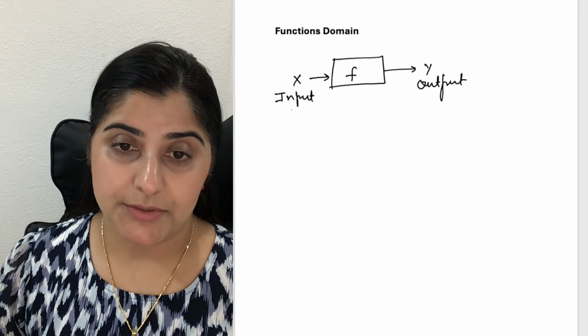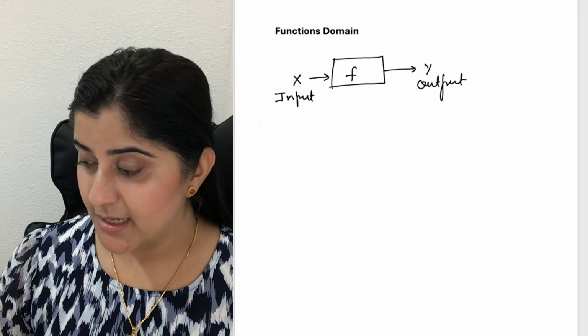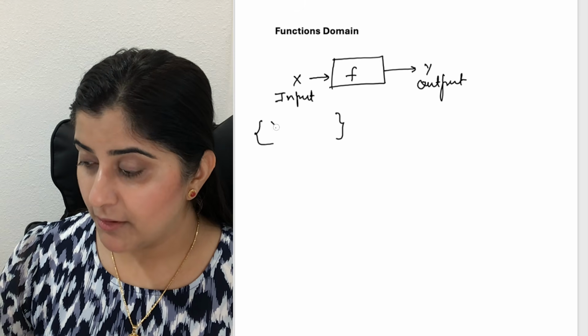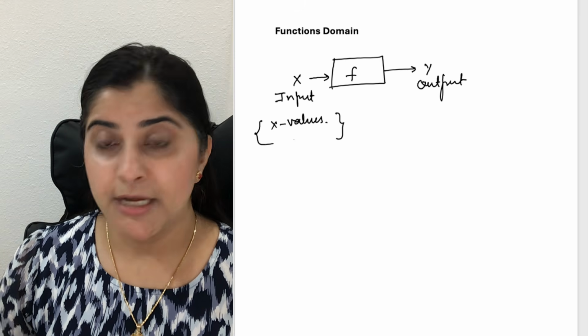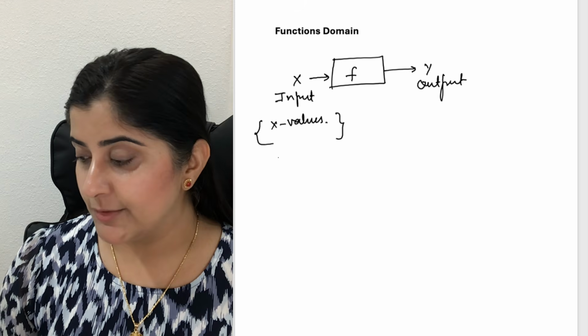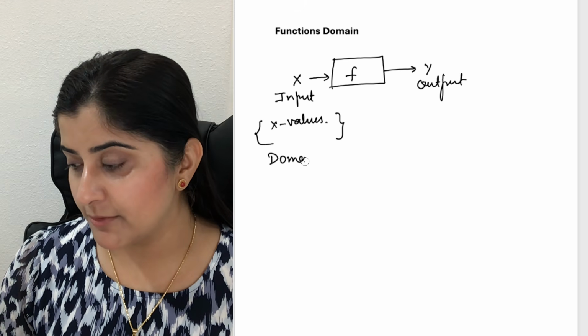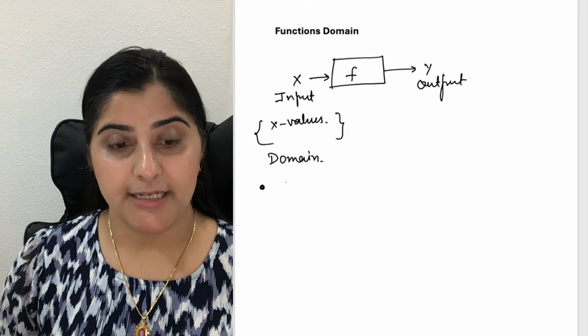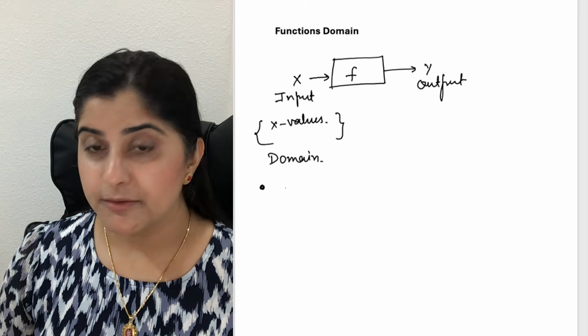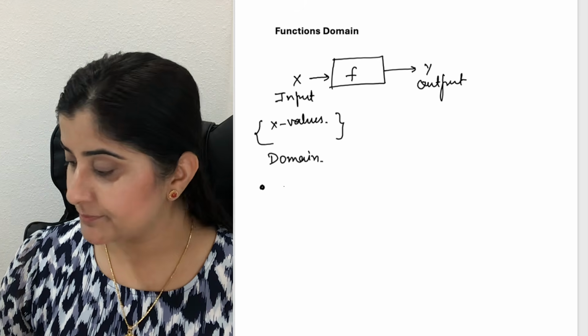We may have some restriction for the input set. And if you write down all possible x values that give you a valid output, this set of x values has a name, domain of the function f. And today we are going to learn algebraically the restrictions on the domain.